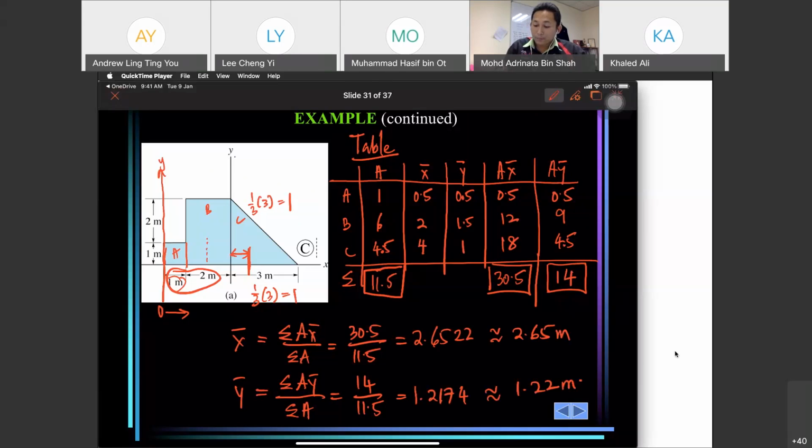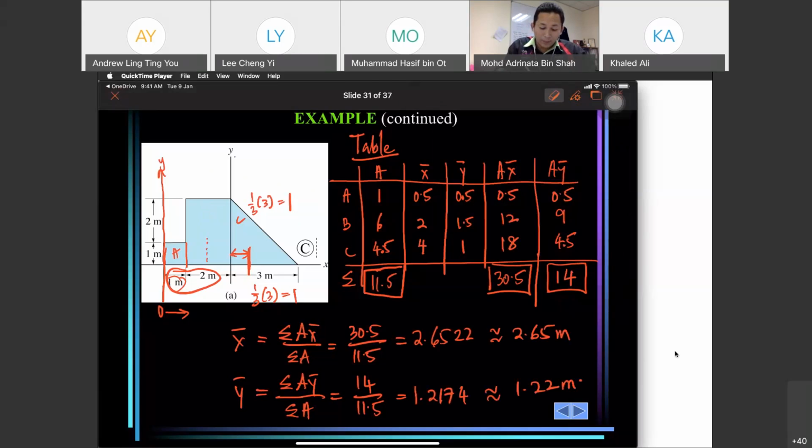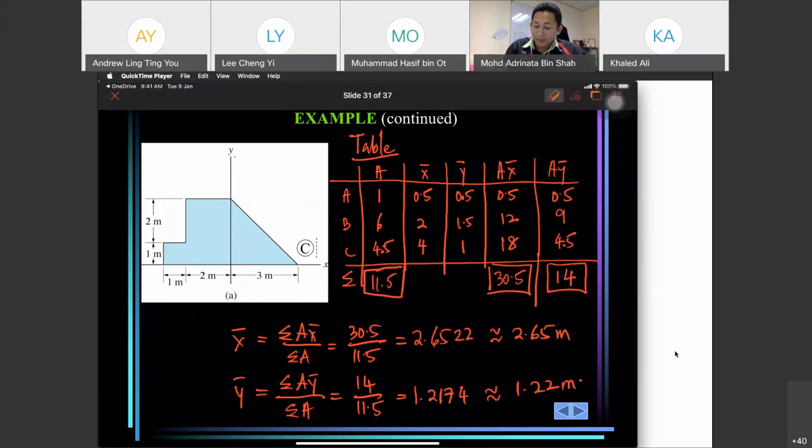So, from the previous answer, from the examples, it said that X bar equals to negative 0.35, and Y bar equals to 1.22.